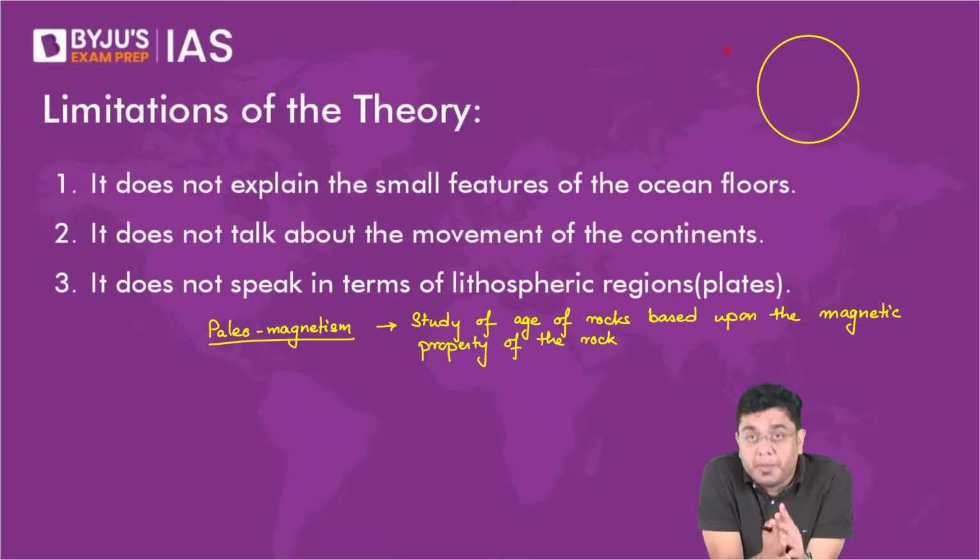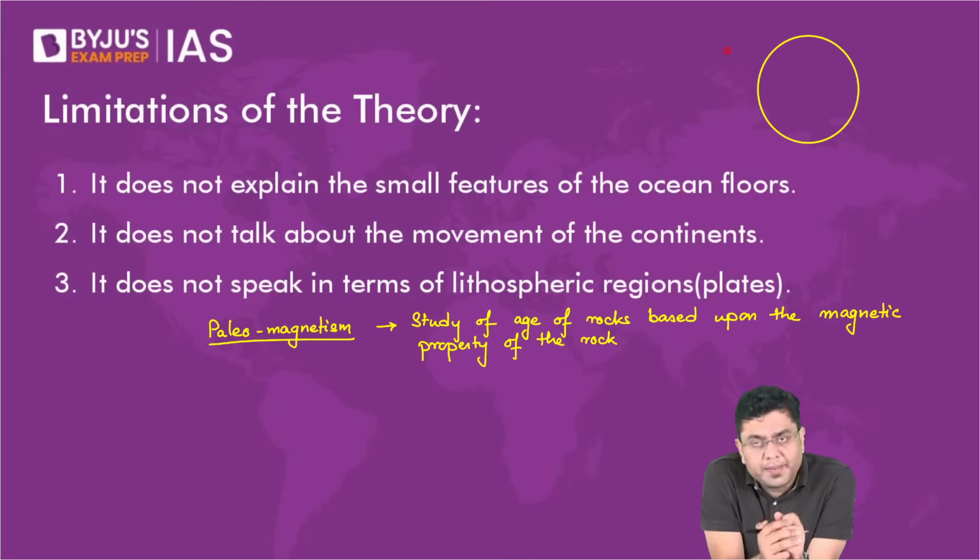We have the capability, based upon our continuous studies and experiments, to simulate and calculate what the magnetic field of the planet would have been around 200 million years, 300 million years, and so on.